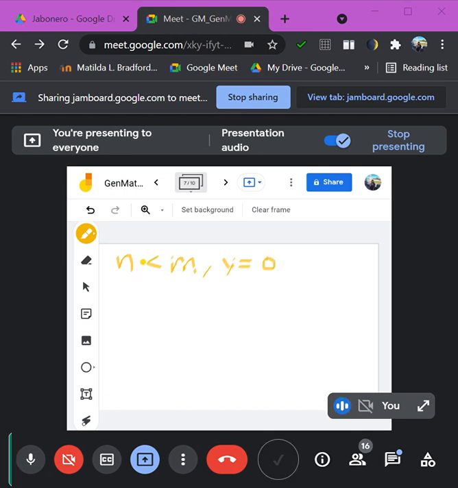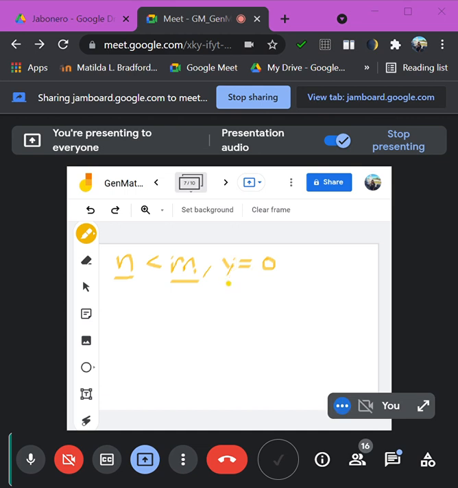Ang kaning n ninyo class, mao na siyang exponent sa imuhang rational function sa numerator. Okay? While ang kaning imuhang m, that is your exponent sa imong denominator.